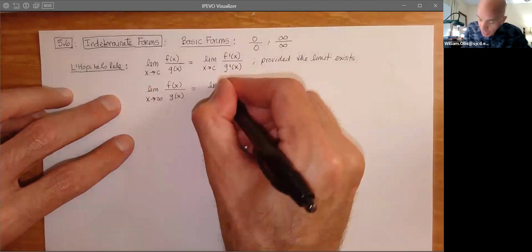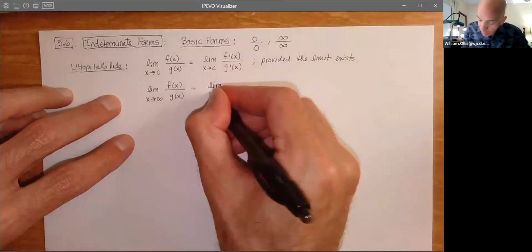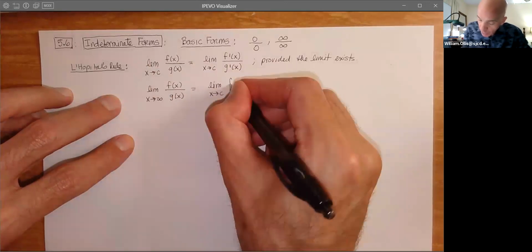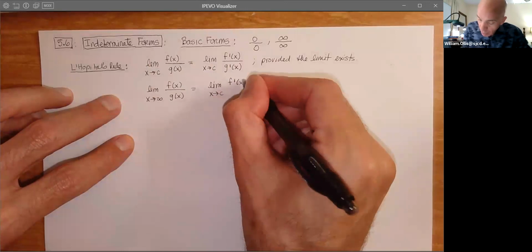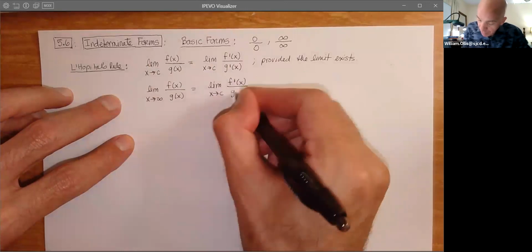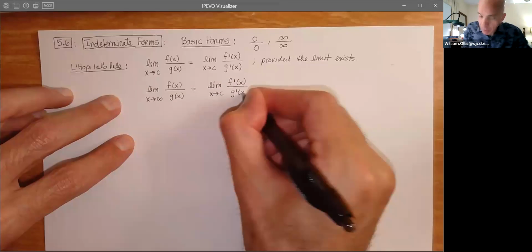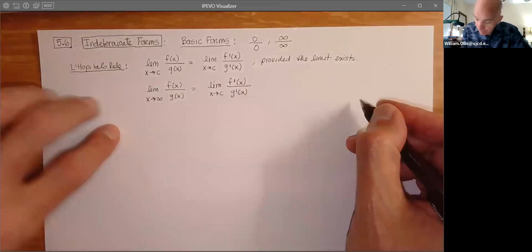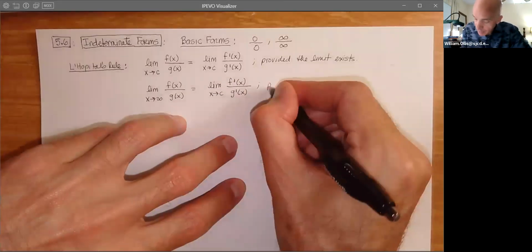In the notes, I have expanded upon the theory of this. You're welcome to look at that. I won't test you on it, but you're welcome to look through it. Lots of estimating, but very straightforward, provided the limit exists.